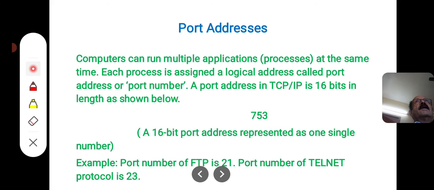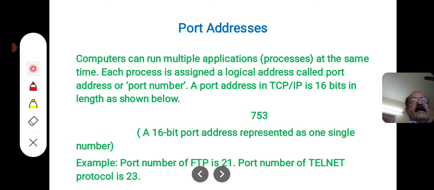For example, I am running FTP and also Telnet. FTP for transferring some file to my friend. Telnet for ordering something on Amazon. Then on the other side, when I send a file using FTP, it has to reach that FTP protocol on the other side, right?